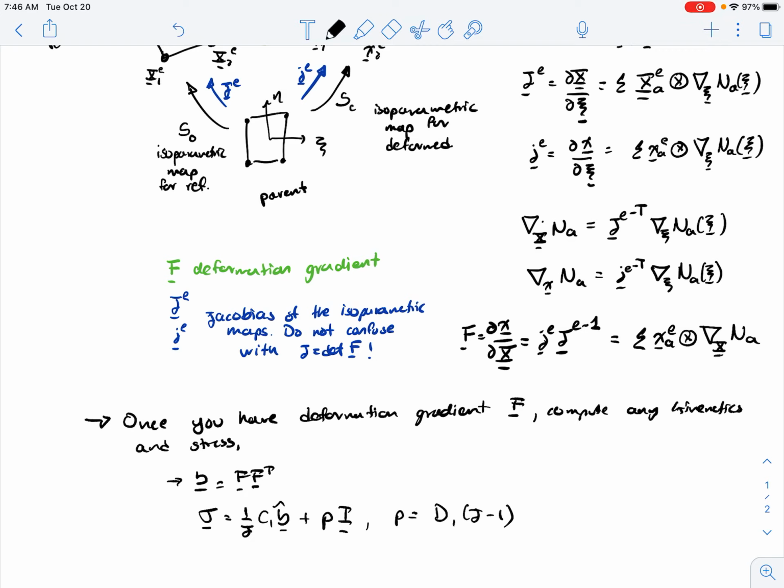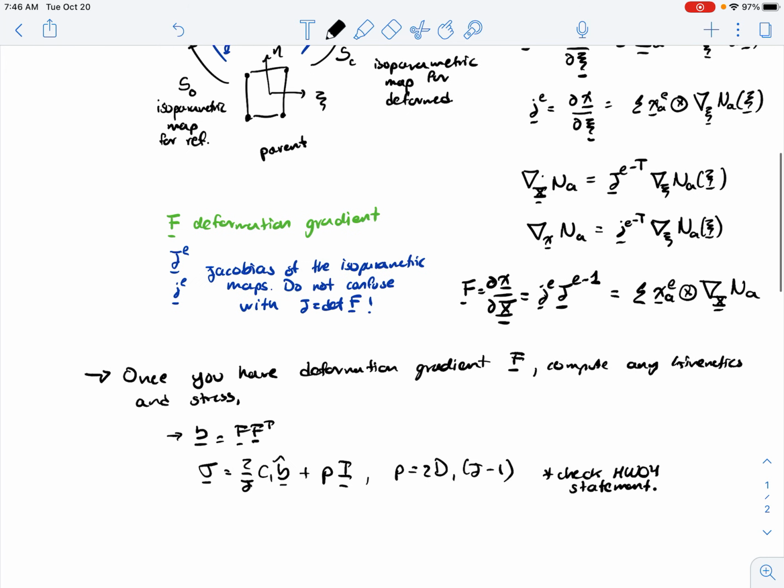I think I'm missing a 2 somewhere, or two 2's. Anyways, you can compute the stress. Once you have the deformation gradient, really just apply the formulas. You've done this before, how to calculate stresses.